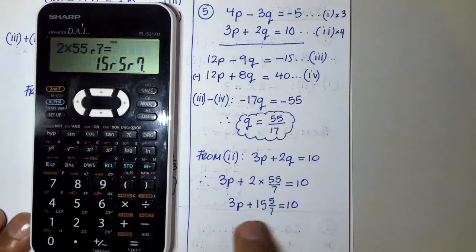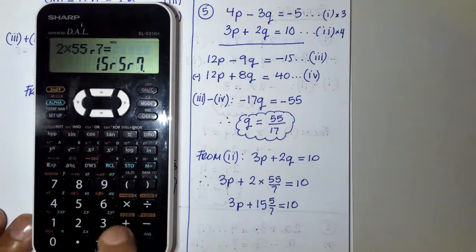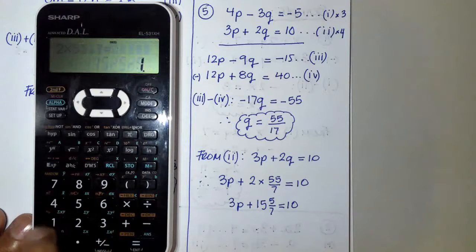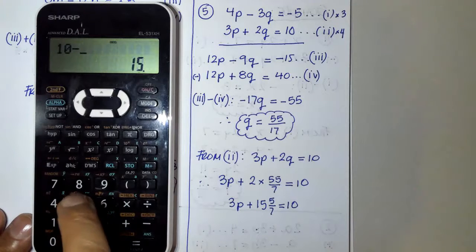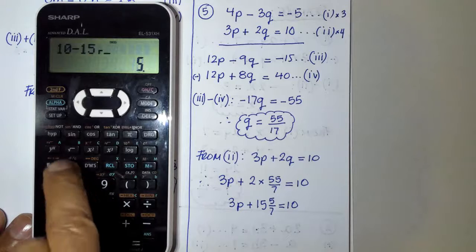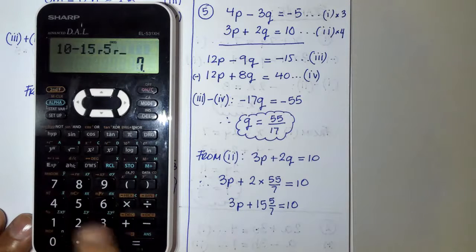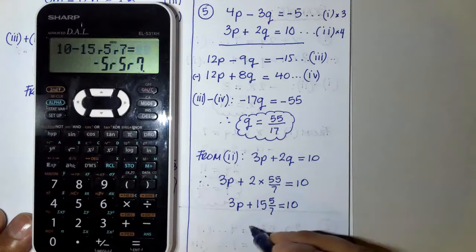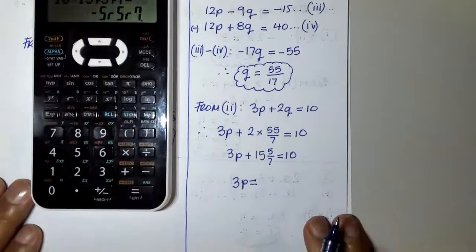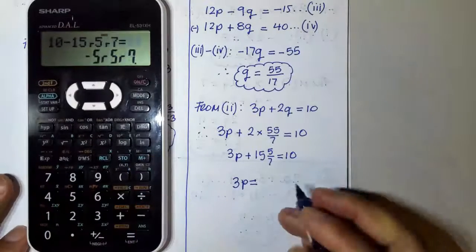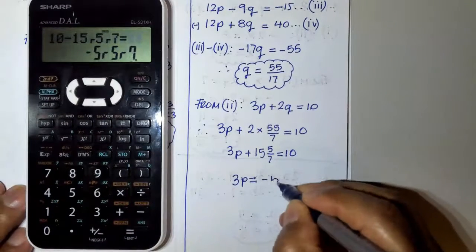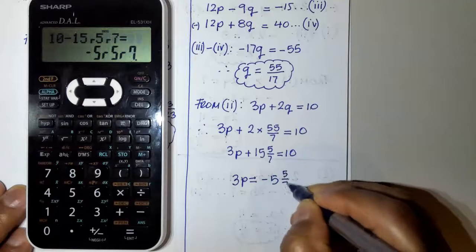And then we need to move this over there, so we have to do 10 take away 15 and 5 over 7. Okay, that will give you 3p is equal to negative 5 over 7.